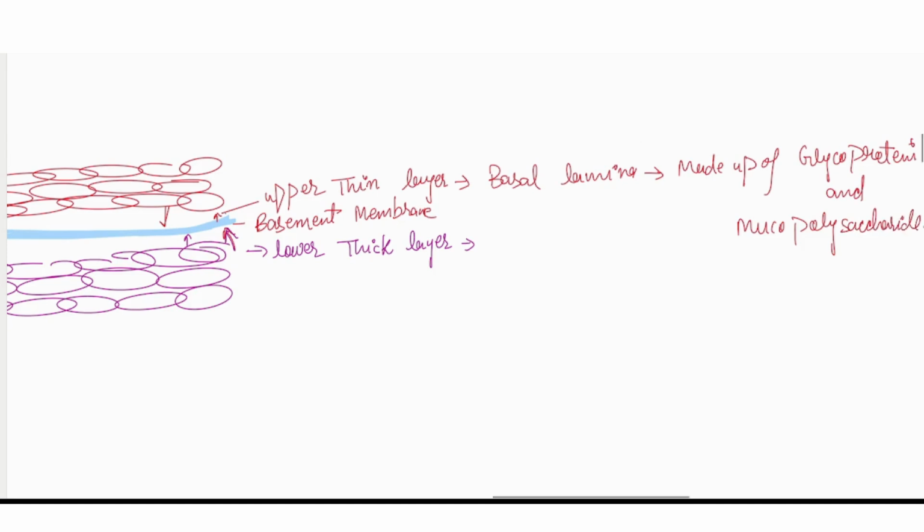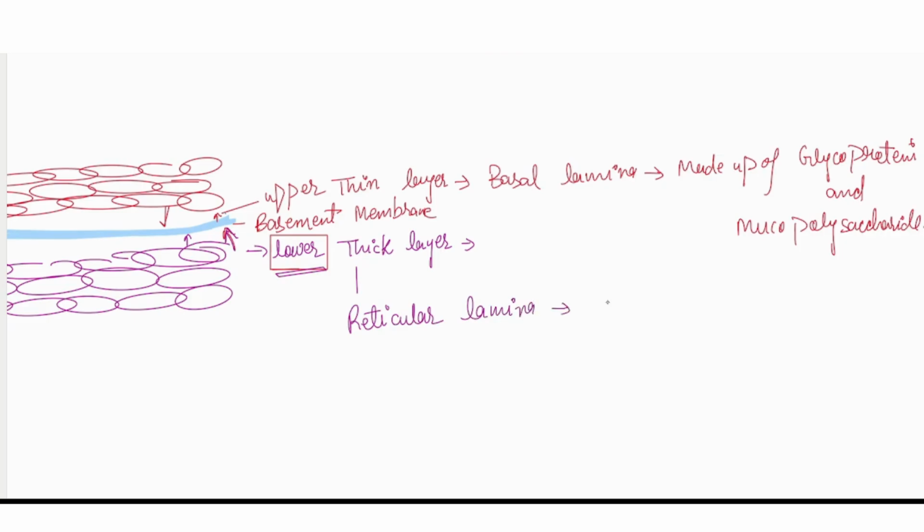The next layer, the lower layer, is the lower thick layer in comparison to the upper layer. The lower thick layer is also known as the reticular lamella.